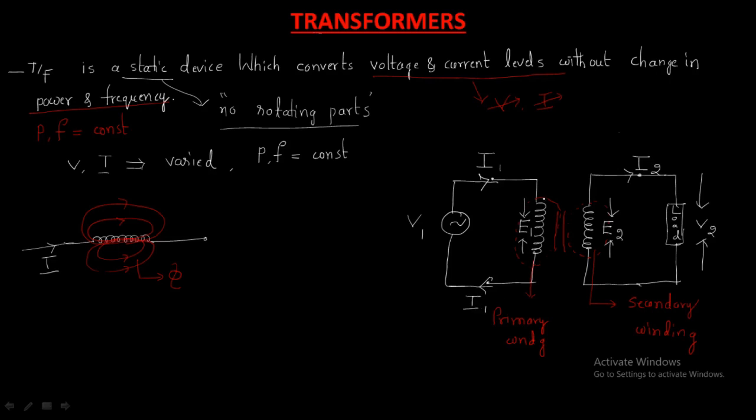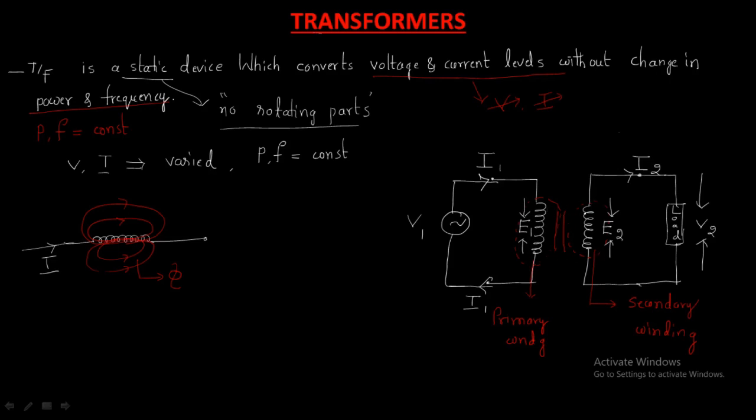At this winding it produces a voltage called the induced EMF E1. Whenever current flows through a coil, flux will be produced. The produced flux will again enter into the secondary winding.